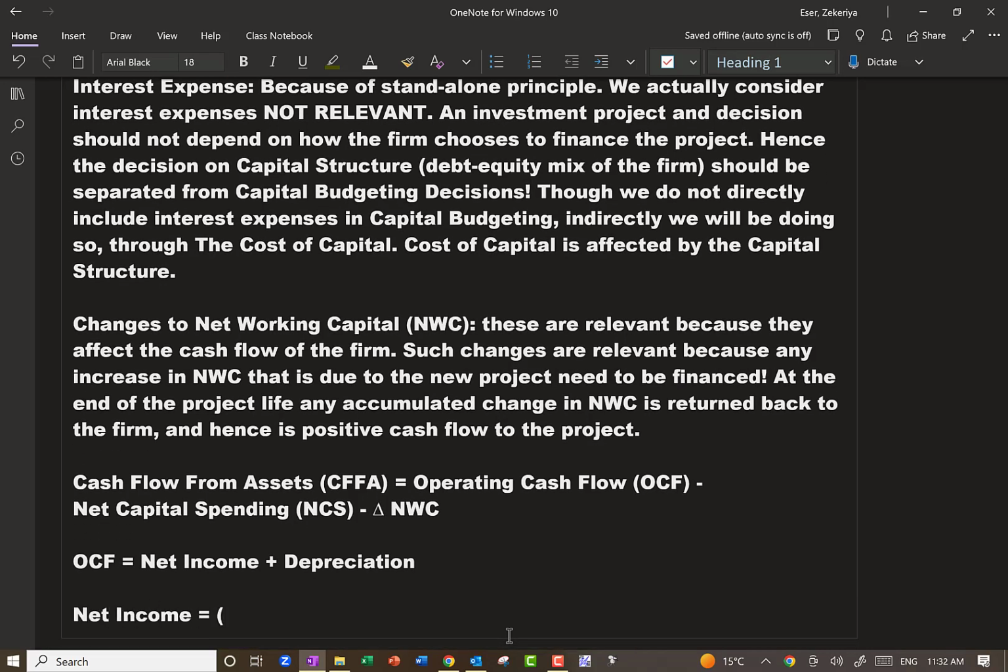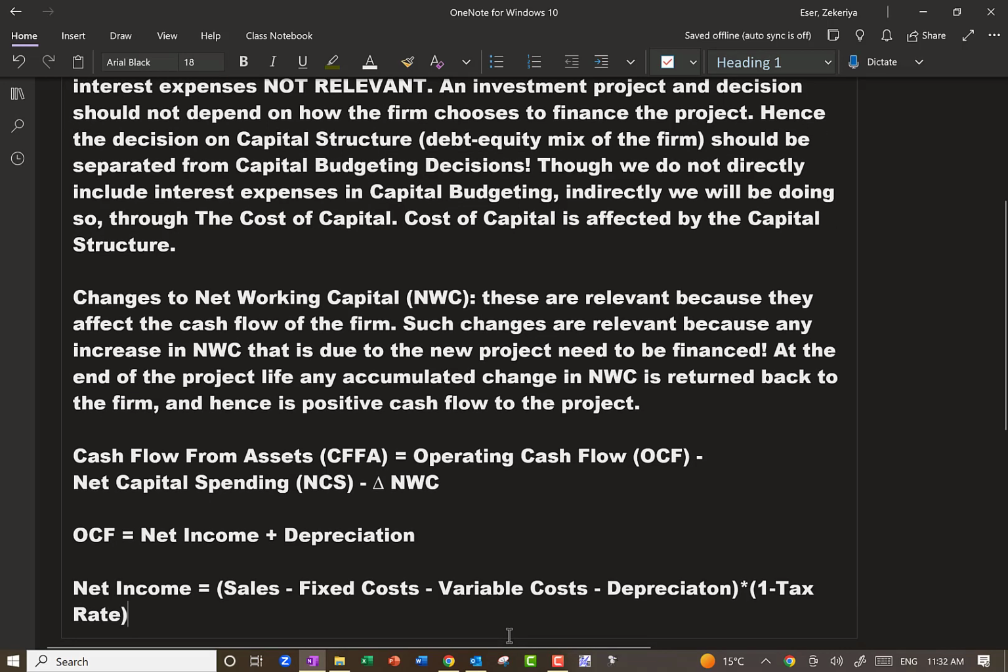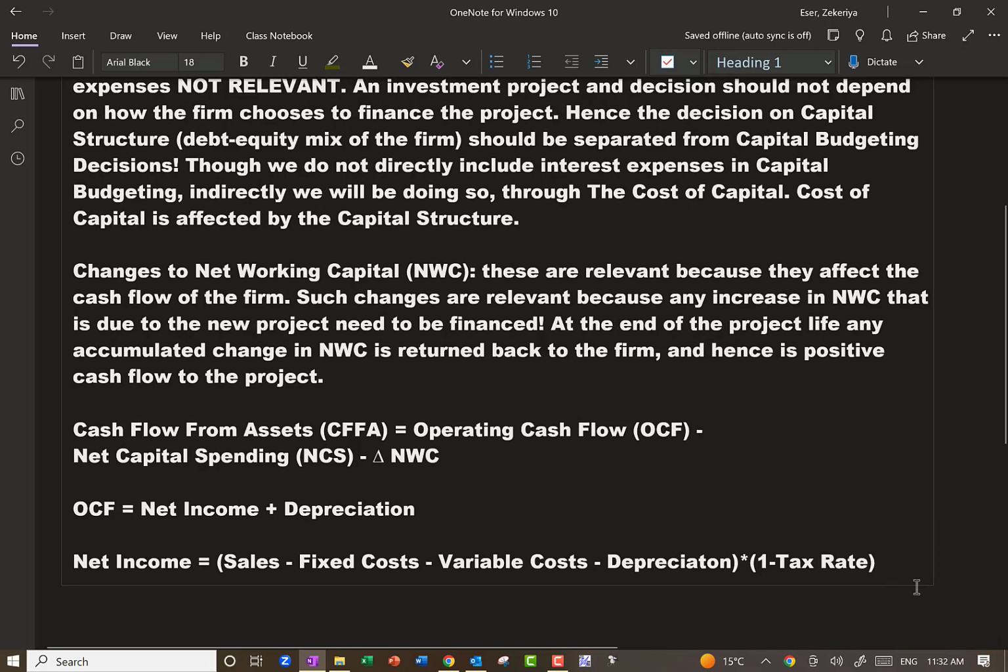Net income is sales minus fixed costs minus variable costs minus depreciation times 1 minus tax rate. As you notice, we didn't include any interest expenses.